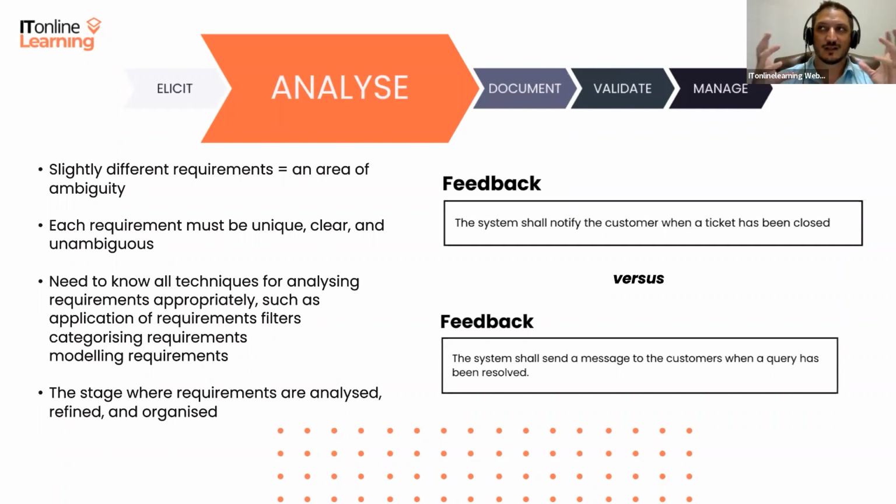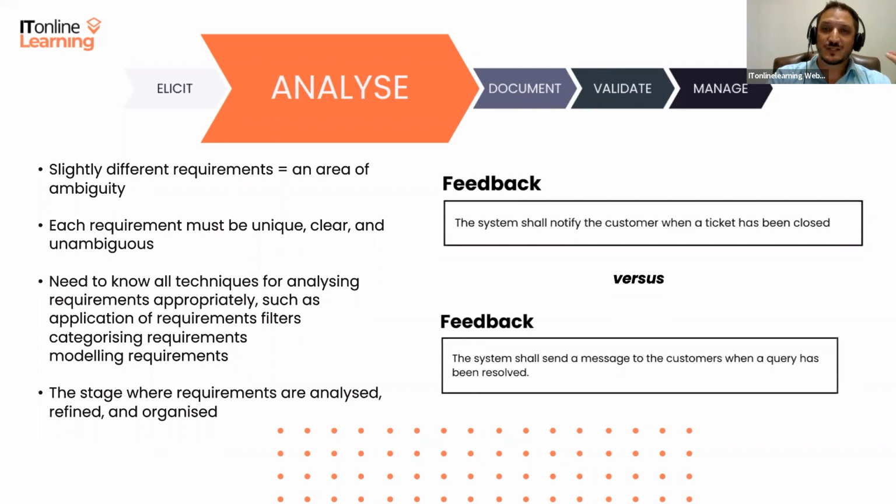And there may be an imperative to have the organization use the system in a shorter time frame. So we can say that prioritization is also a part of analysis.